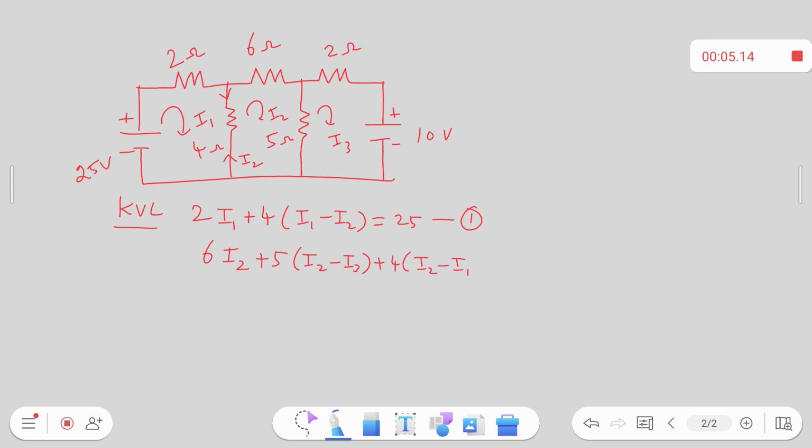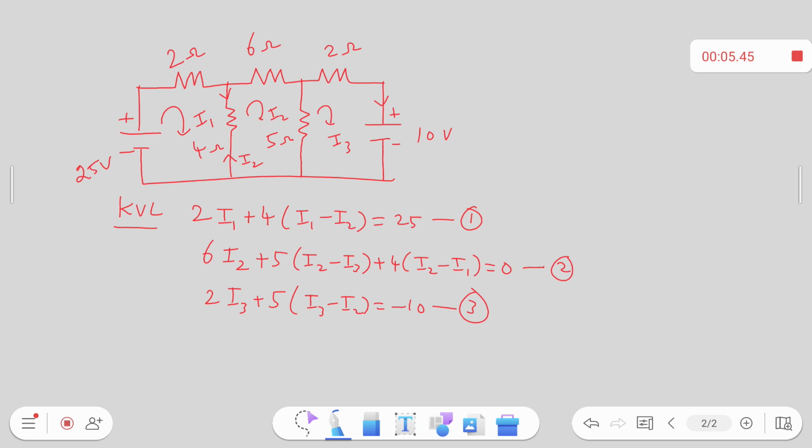There is no voltage source in the second loop, so I am putting it as 0. I am going to my third loop. My third loop says that 2I3 plus I have a 5 ohm resistor, and then this is I3 minus I2. That will be equal to minus 10, because here my current is entering into the positive terminal, so I am considering it as a negative voltage.